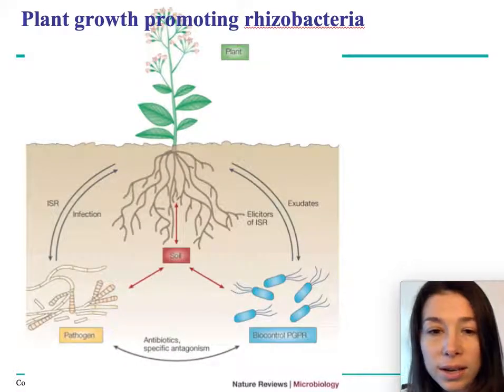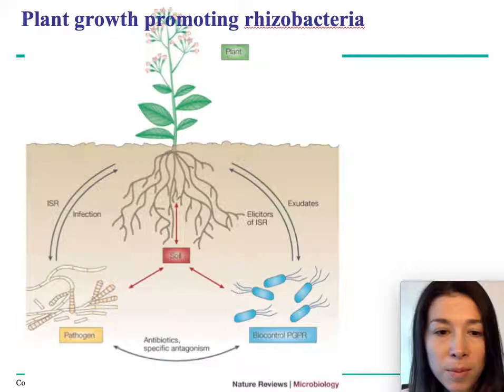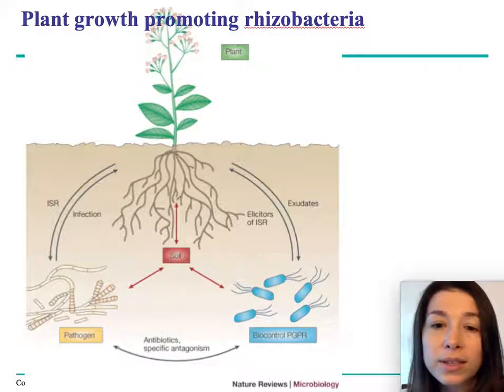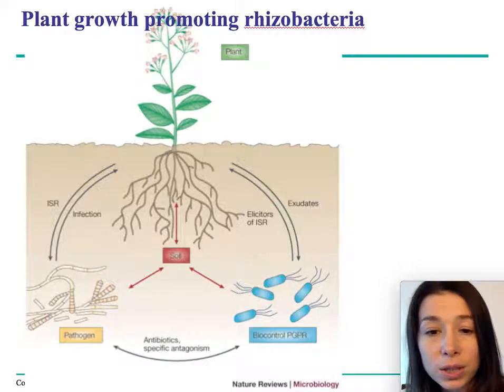So here's a nice kind of simplified diagram of this mutually symbiotic relationship. In this nice cartoon, we're calling these microbes that are interacting positively with the plant growth promoting rhizobacteria.